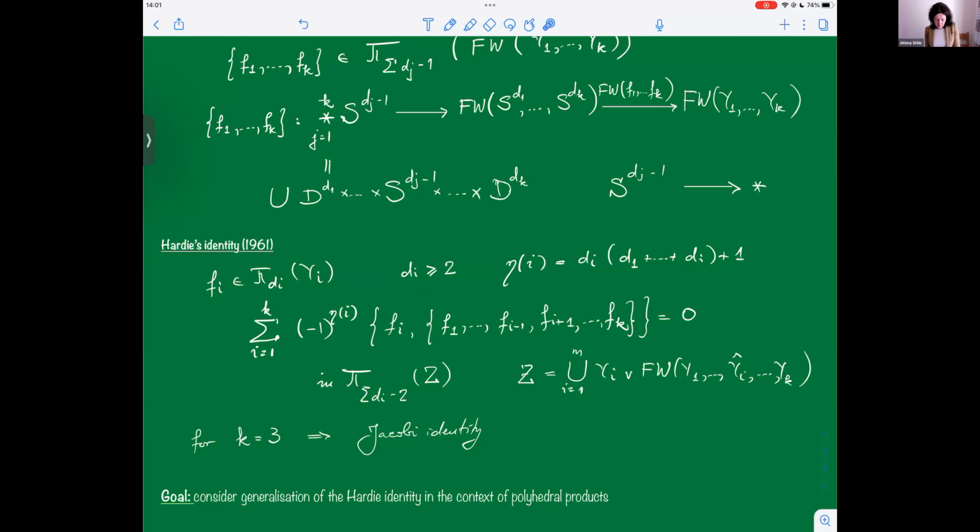Then if we look at generalized Whitehead products of the maps f_1 to f_k, where we omitted f_i, and then we take a Whitehead product of f_i and that generalized Whitehead product, and sum through all these combinations when i goes from 1 to k, so we erase one factor at a time, then we get that this is equal to 0.